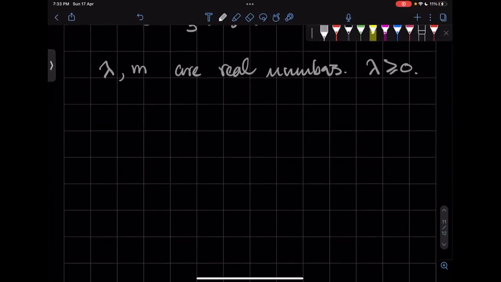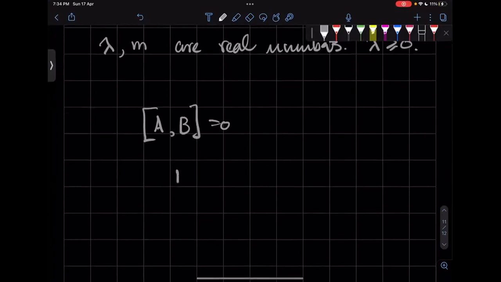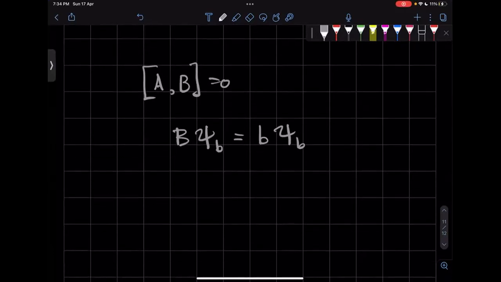So the idea is something like this. If you have some operator A and some operator B, or matrices, and suppose they commute. Now suppose that B acting on psi_b, some vector, gives you an eigenvalue b.